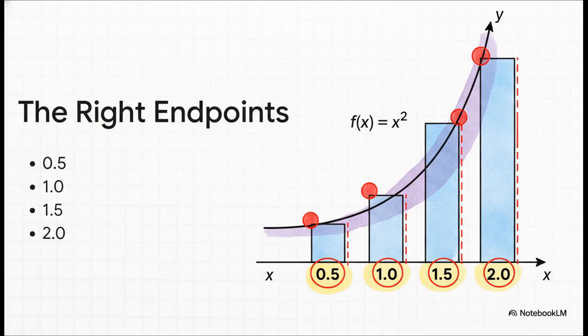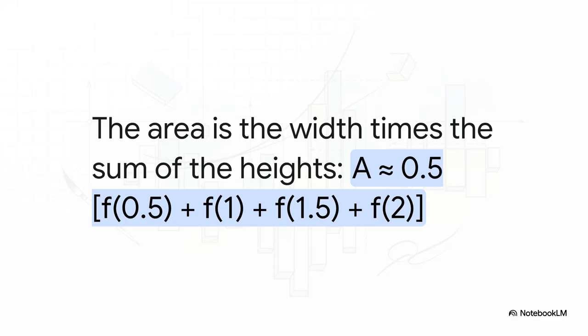Now for step 2. Since we're using the right endpoint method, the height of each rectangle is going to be set by the function's value at the right edge of its base. So for our 4 rectangles, the right edges are at 0.5, 1.0, 1.5, and the last one at 2.0. And here's where we put it all together. The total area is going to be roughly the width, 0.5, multiplied by the sum of all the heights.